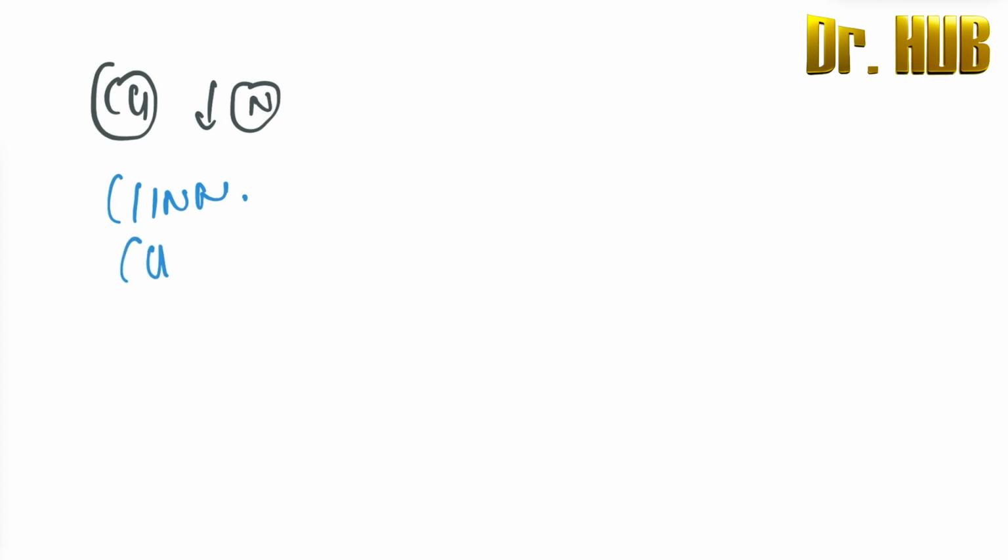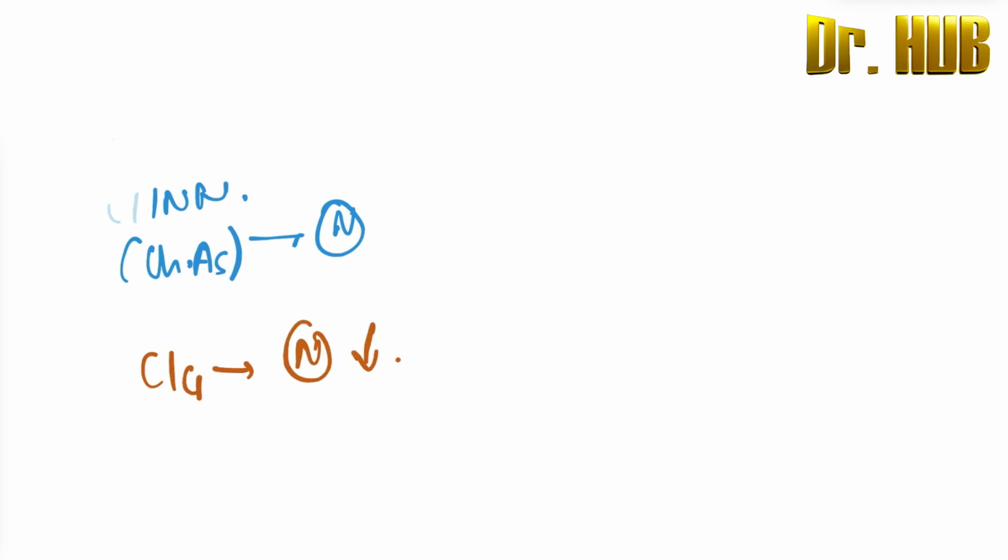The C4 level may be low or normal. The C1 INH, as per the function by the chromogenic assay, is also going to be normal. The C1Q level may be normal or decreased. So this was about the allergic type.